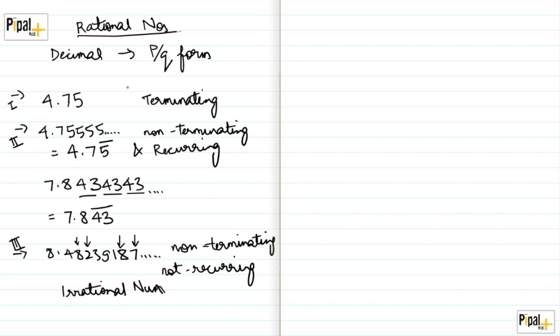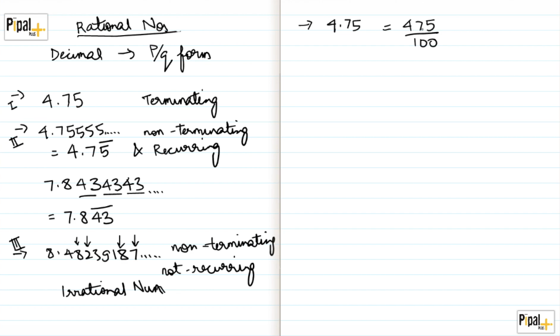Now, to convert 4.75 into a rational number, we notice that this is a terminating number. So all we need to do is write 4.75 as 475 divided by 100. Now why 100? Because for two digits after the decimal point, we put two zeros, and then we can remove the decimal, right?